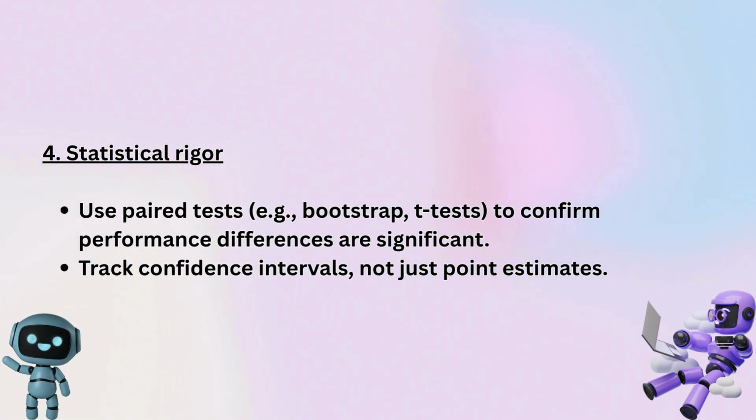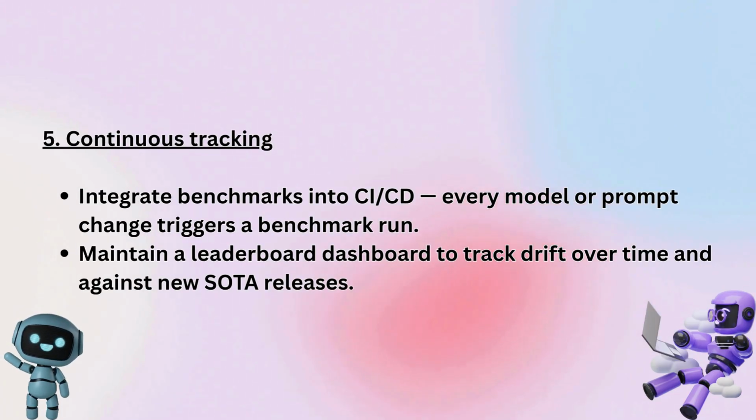4. Statistical rigor. Use paired tests. Example is bootstrap t-tests to confirm performance differences are significant. Track confidence intervals, not just point estimates. 5. Continuous tracking. Integrate benchmarks into CI/CD. Every model or prompt change triggers a benchmark run.